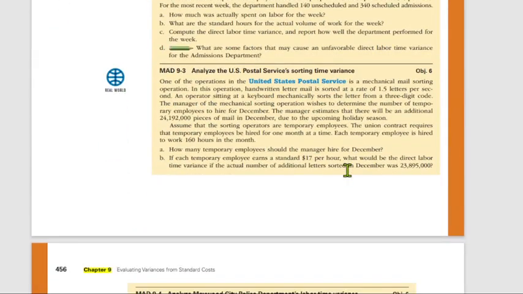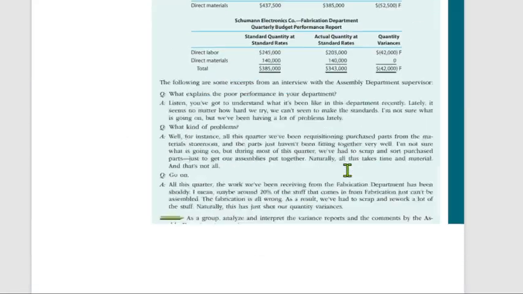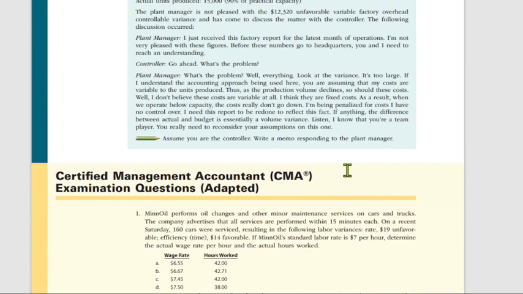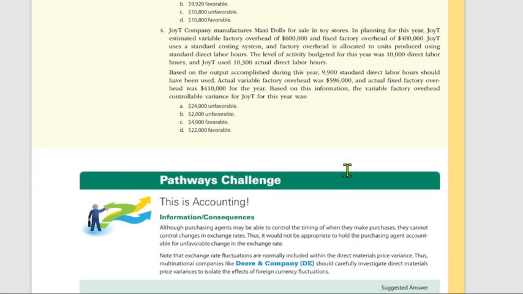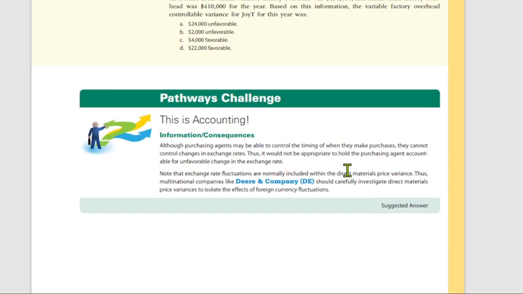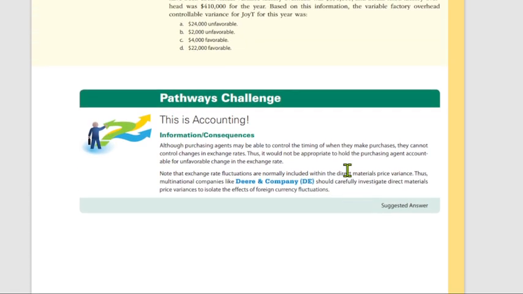'Di ba ang question doon ay ipipinpoint ba natin yung responsibility kay Brazilian purchasing agent na bumili siya when the amount of money, yung Brazilian real, ay at its low point. Yun ay effect ng foreign currency exchange rates, yung fluctuations in the foreign currency. So this is the answer.